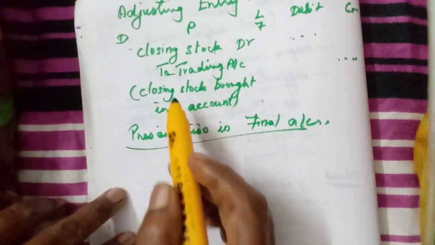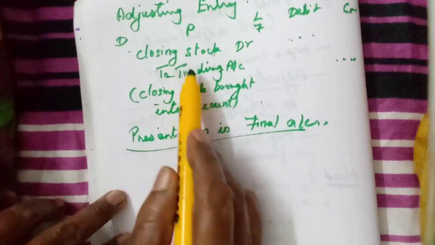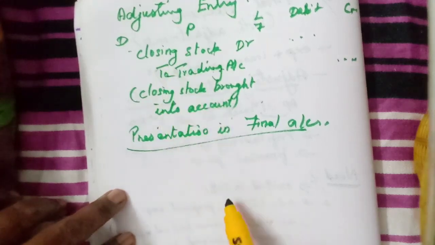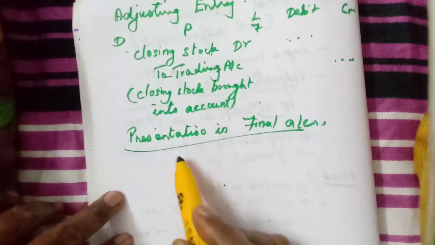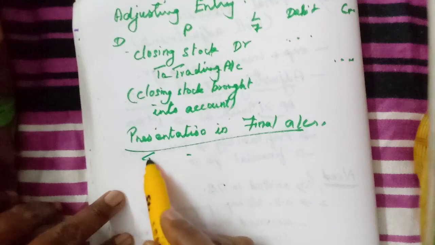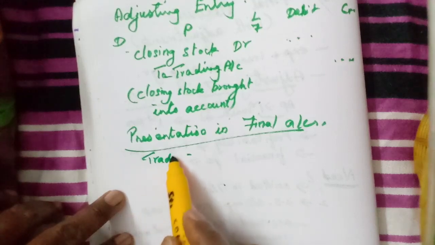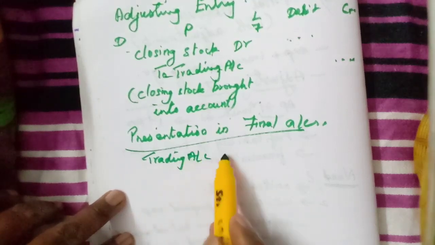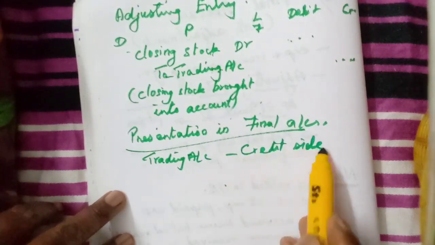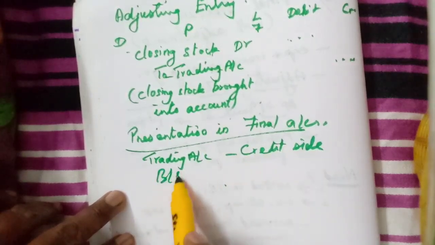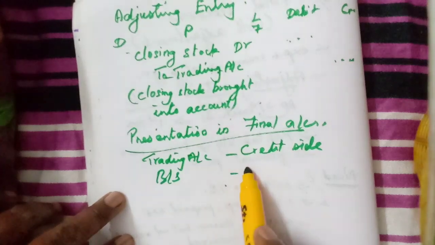presentation in final accounts, where it will appear. It is very clear, it will appear in the trading account. Okay, in trading account, where it will appear in the trading account. Credit side it will appear. Okay, then in the balance sheet on the asset side.